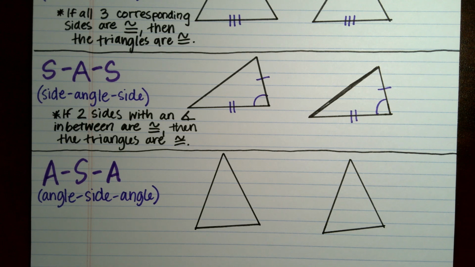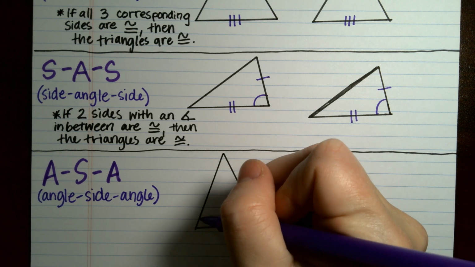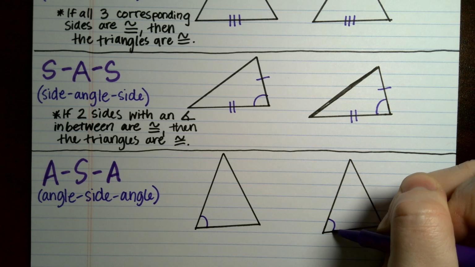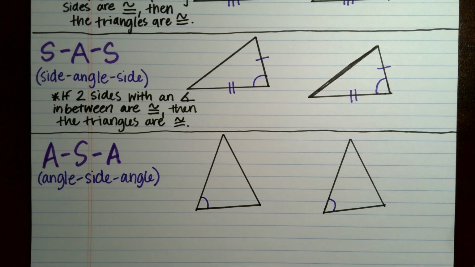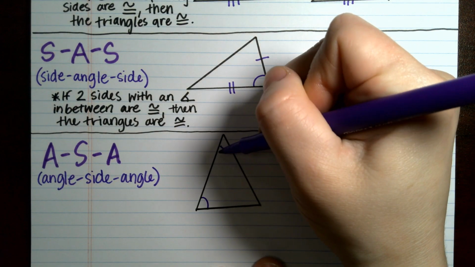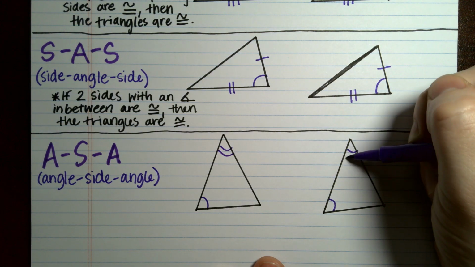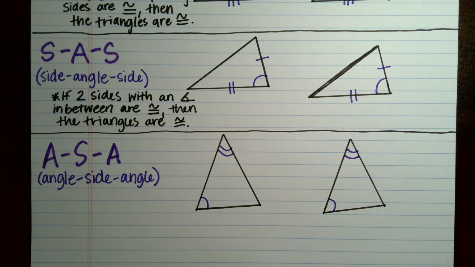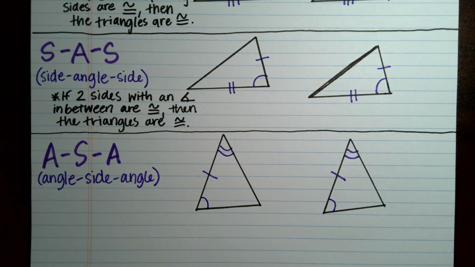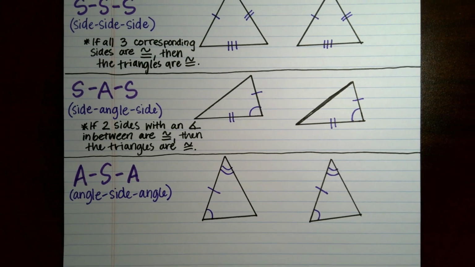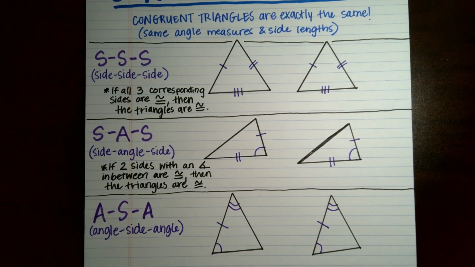So for this one, we'll have an angle that's congruent, and we'll have another angle that's congruent. And then there will be a congruent side in between those two angles. Now, so y'all can see that.